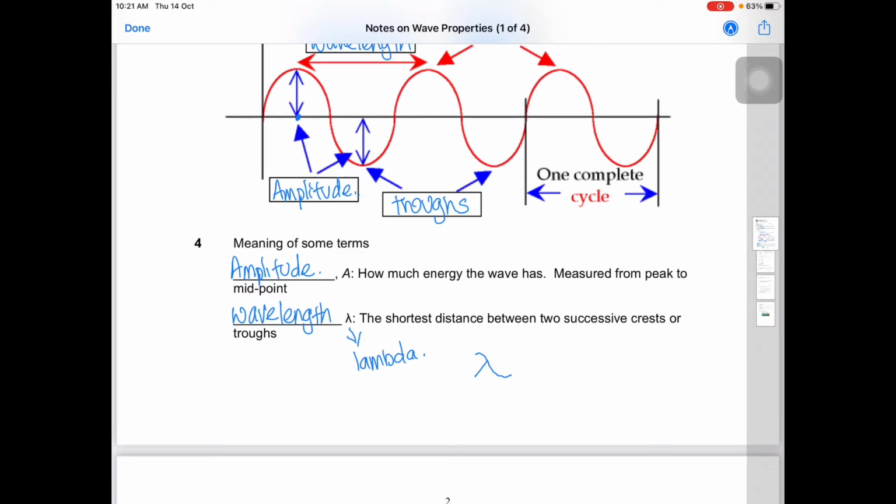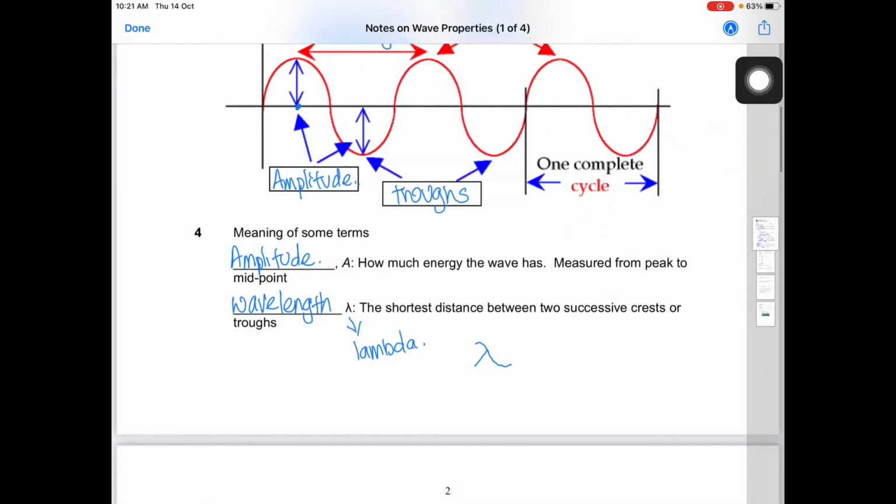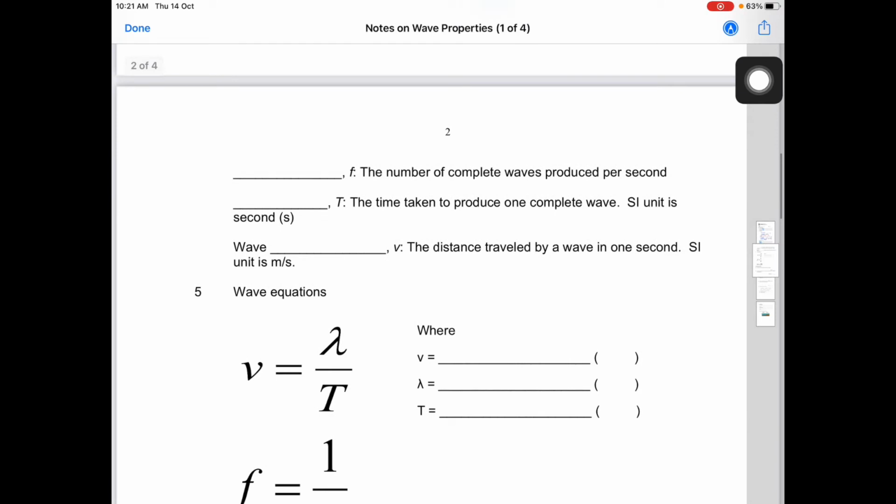Just get the shape roughly and you should be good. So the symbol is called lambda, and lambda stands for wavelength. Moving on, f is for frequency. This is a small f.